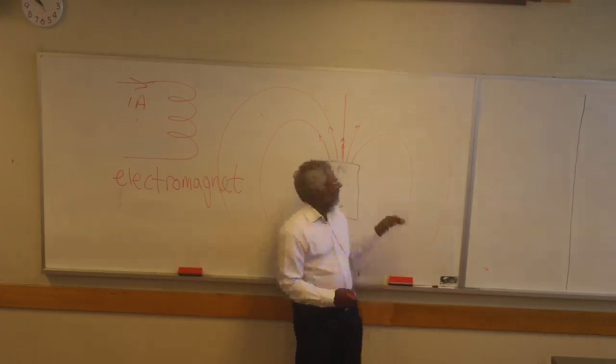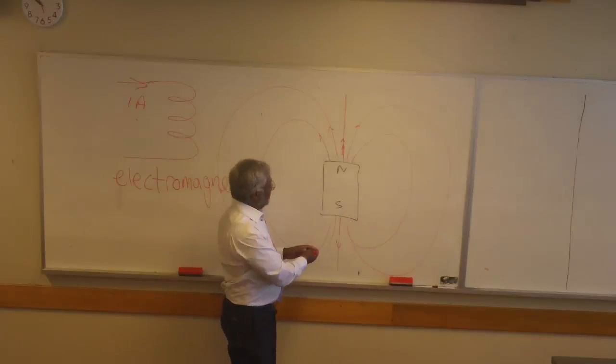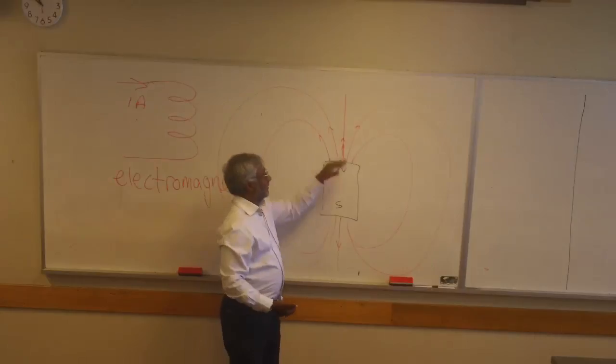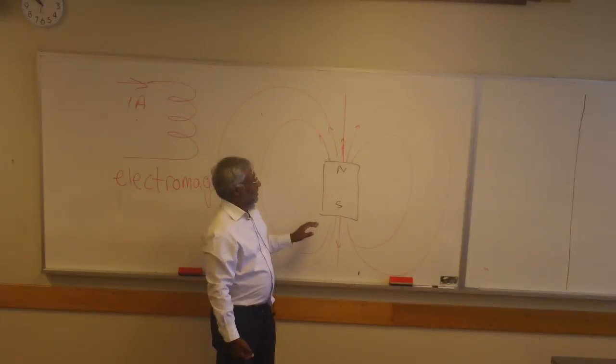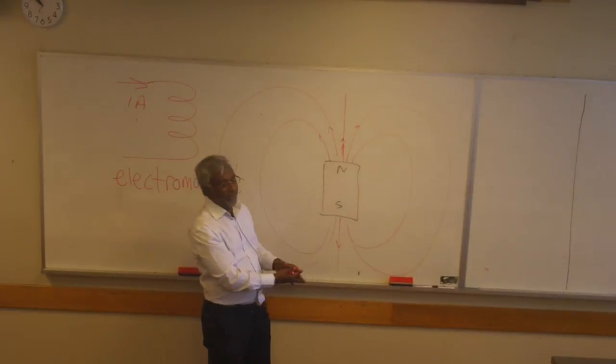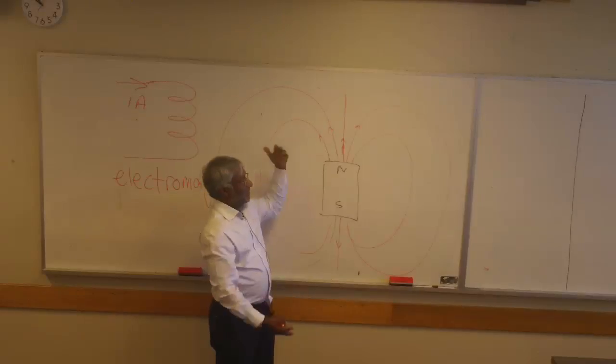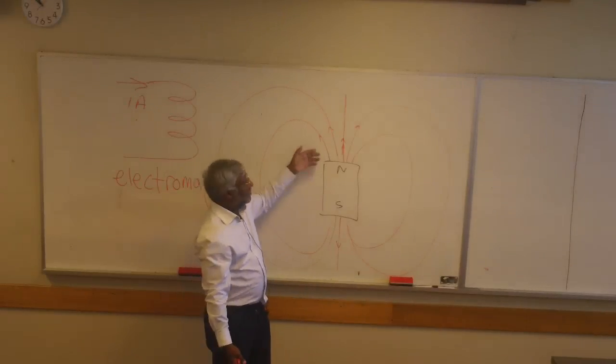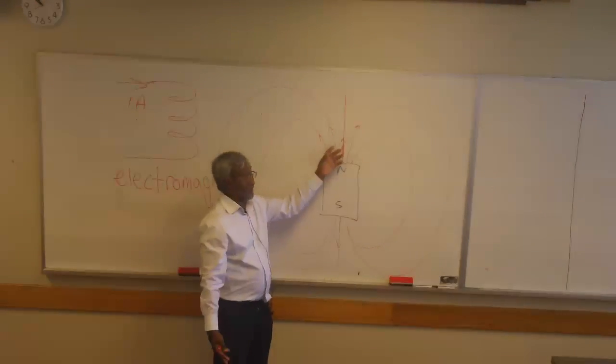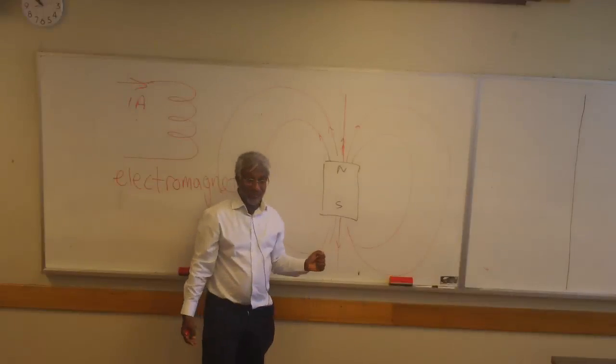A magnet has flux around it. The flux is described by flux lines. And when you look at the pattern of flux lines, you recognize regions of high flux density and regions of low flux density.